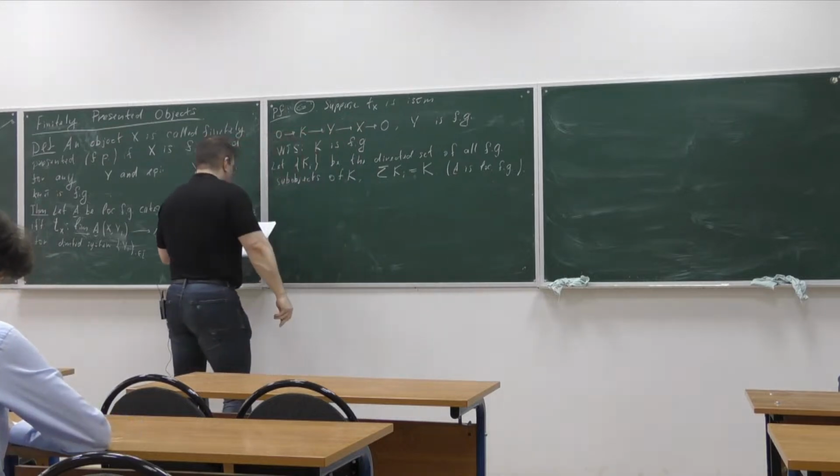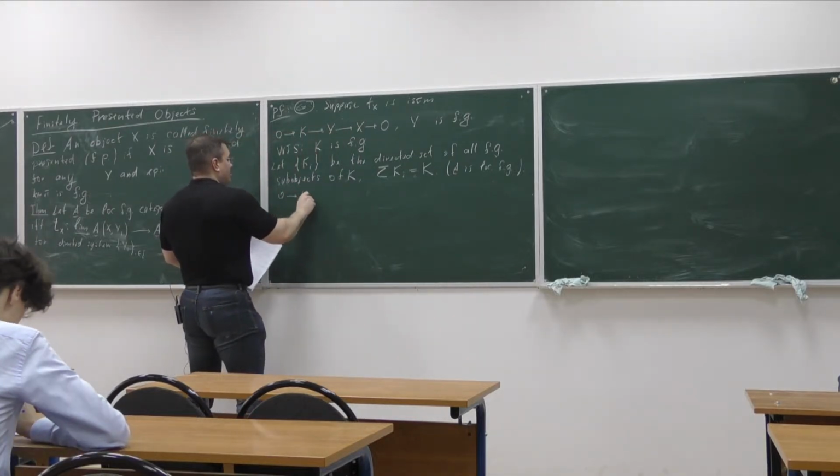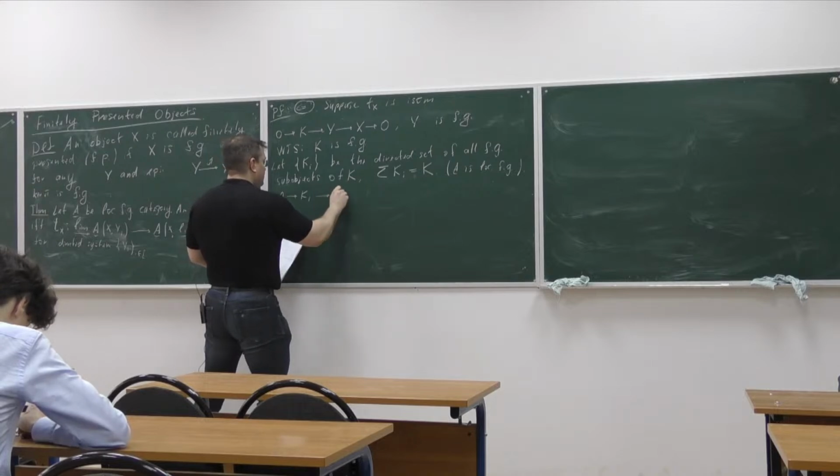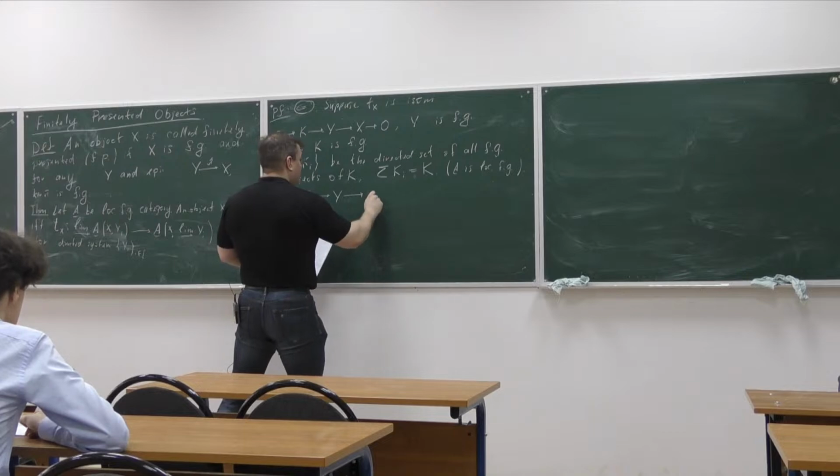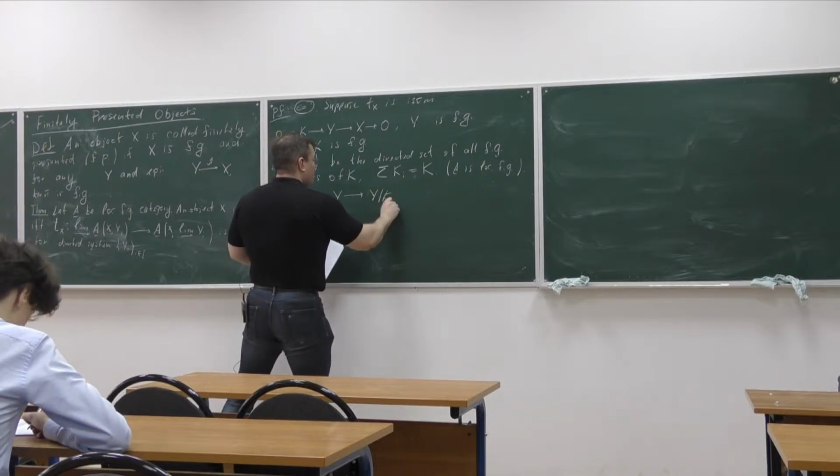Then if you look at the short exact sequences, K_i for some index i maps to Y. Now we have a quotient Y modulo K_i.